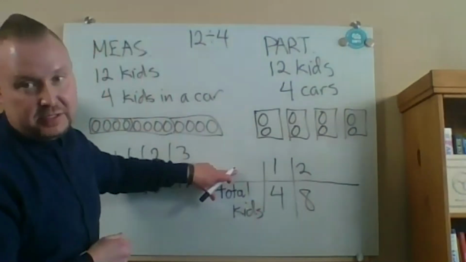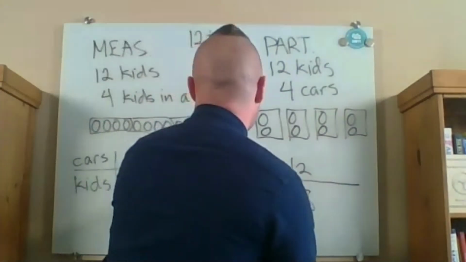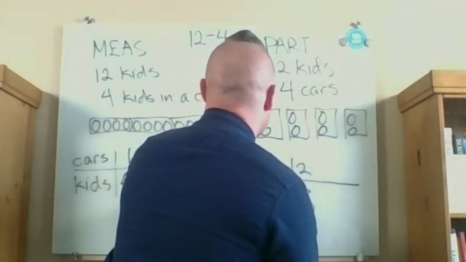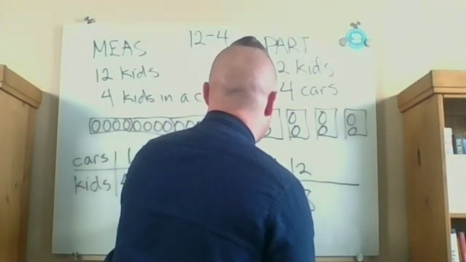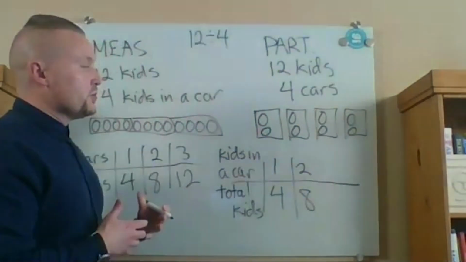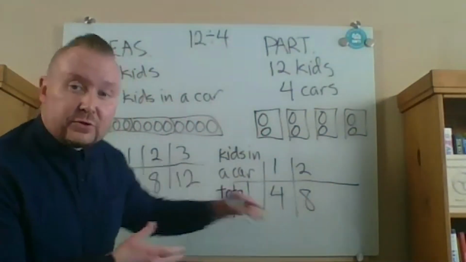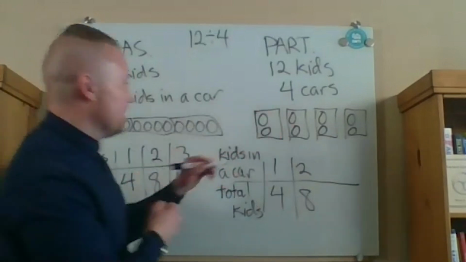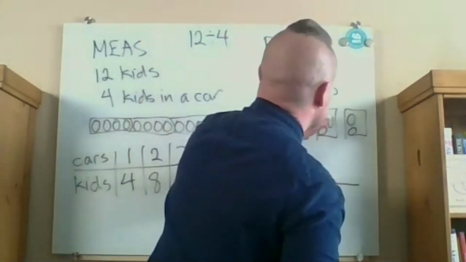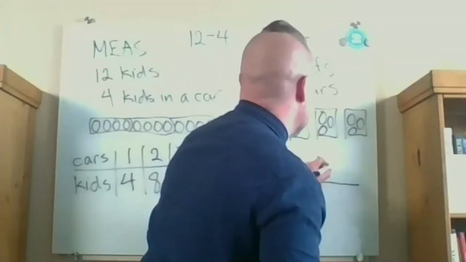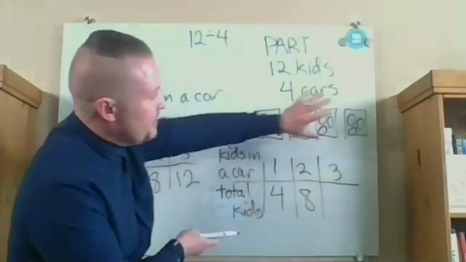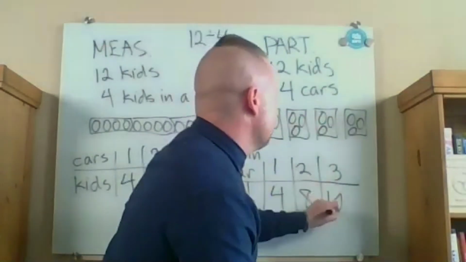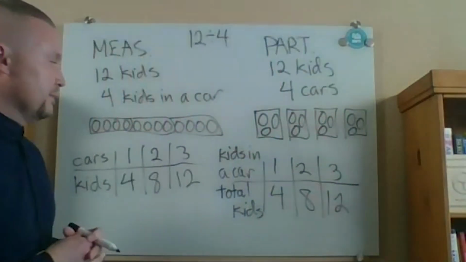And the top part of the table is kids in a car, or each car, or per car. So now I haven't used up all the 12, so I'm going to go back out and part out that total. That means that if I put 3 kids in each car, that gives me a total of 12 kids.